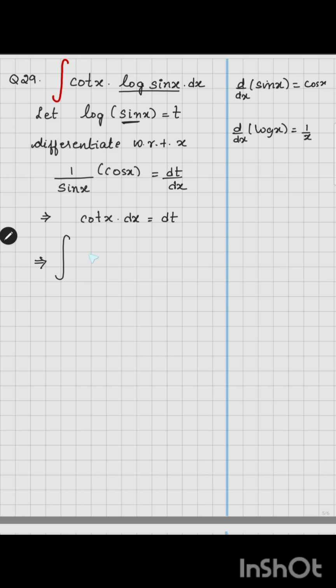So log sin x can be written as t and cot x dx can be written as dt. So this implies integral of t with respect to t is nothing but t to the power 1 plus 1 divided by 1 plus 1, plus constant of integration. So this implies t squared by 2 plus c. So what is the value of t?